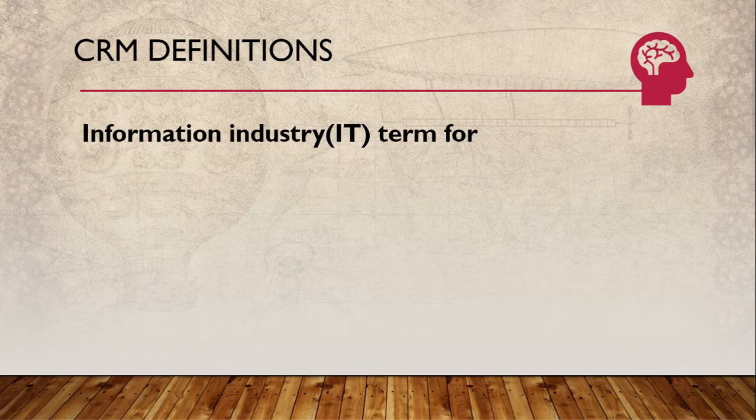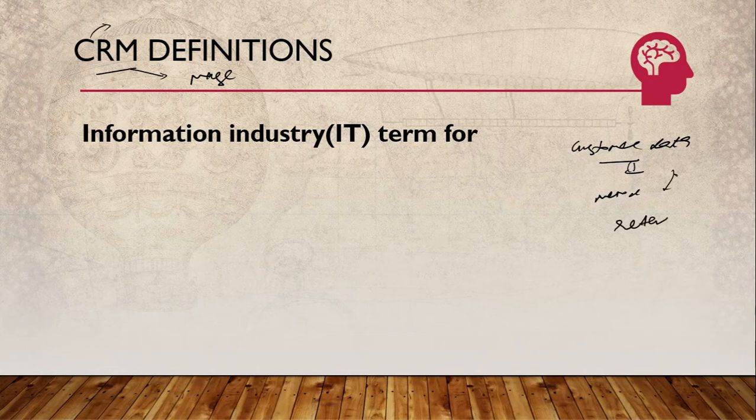Normally, as we have said, it is all about the management of customer relationships. We are using the customer data and understanding it, and then defining the methodology as to how to use the customer data for the long term retention of the customer.